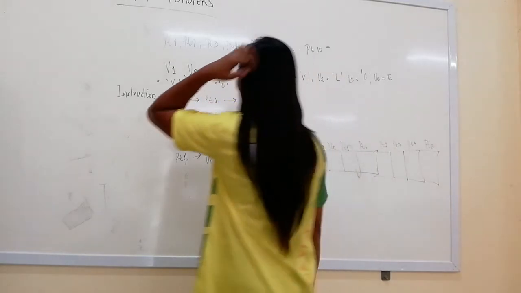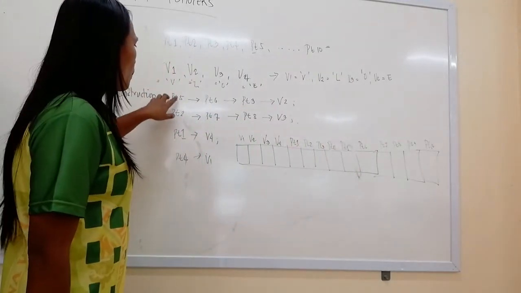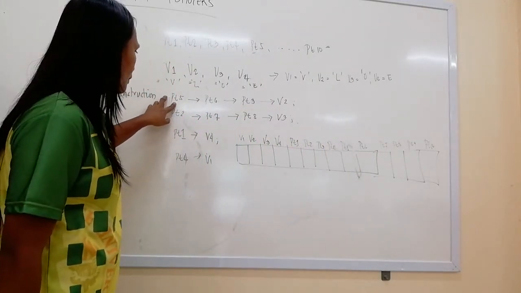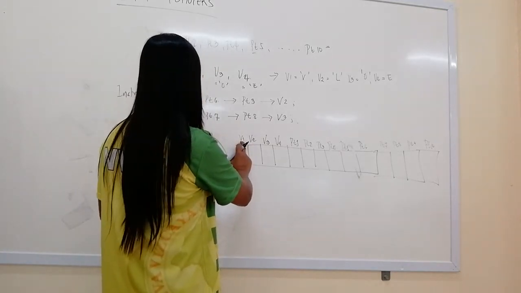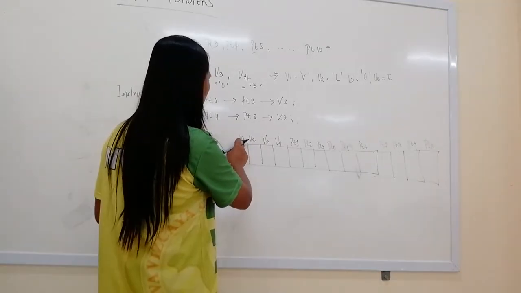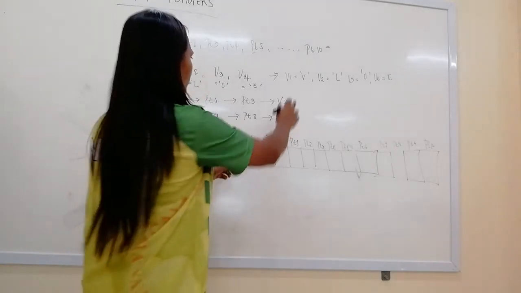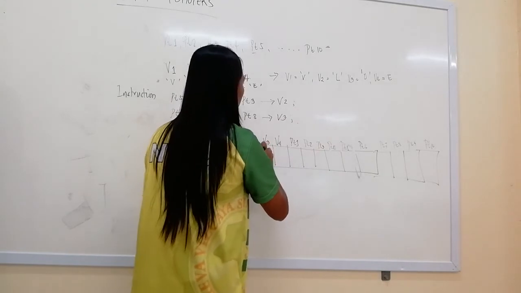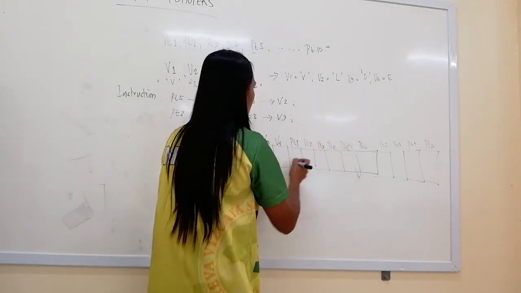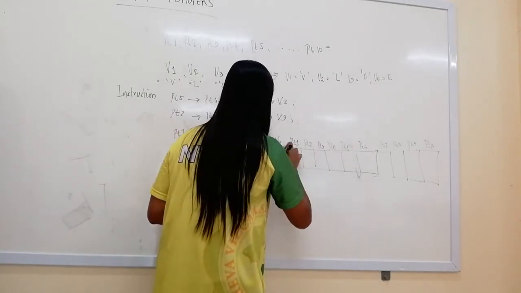Now, we have to examine. Pointer 5, okay, the element for variable 1 is V, variable 2 is L, variable 3 is O, and variable 4 is E.